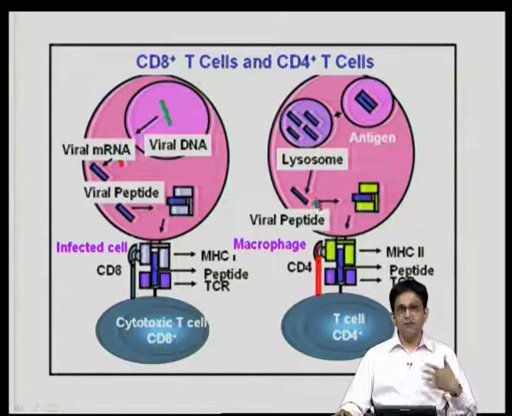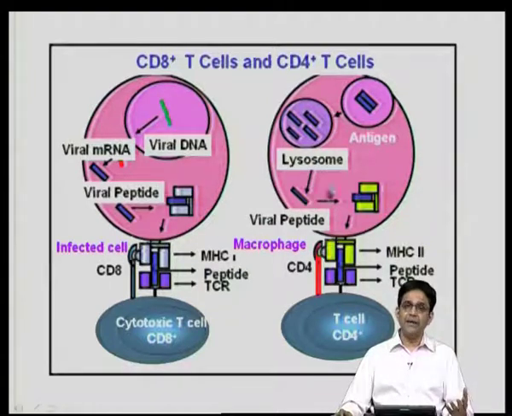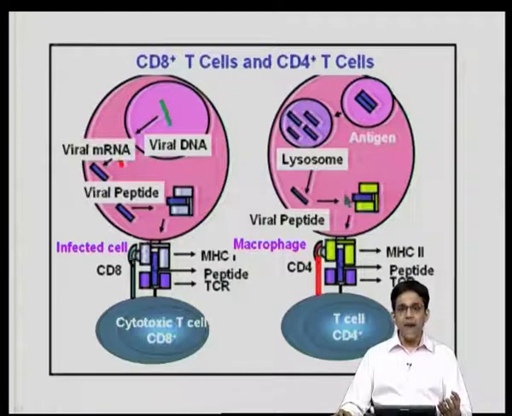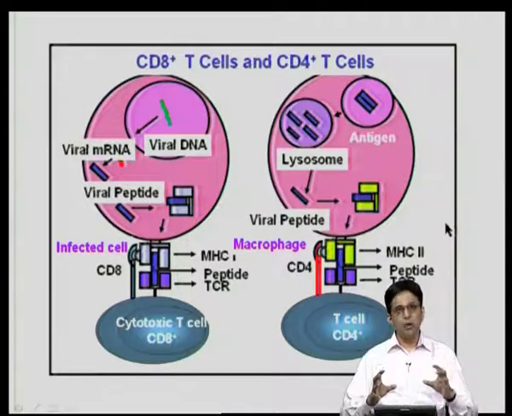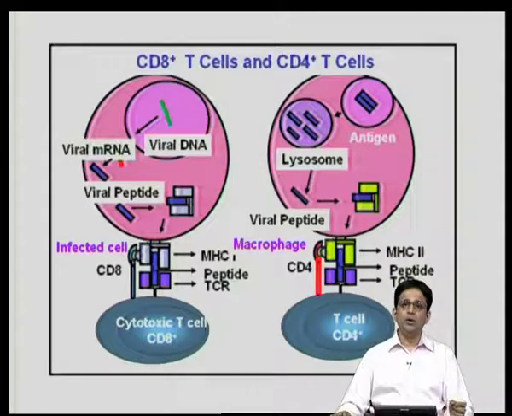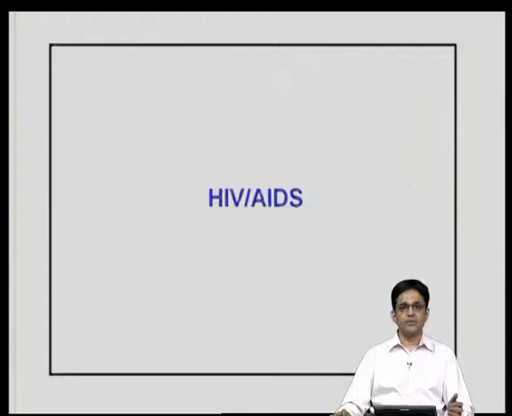However, if some of them are digested in lysosomal compartments or MHC 2 like compartments, then chances are high that some of the viral peptides are loaded on MHC class 2 and will be shown to CD4 positive cells. Suffice to say, you need both a good CD4 as well as a CD8 response to generate good antiviral T cell responses.